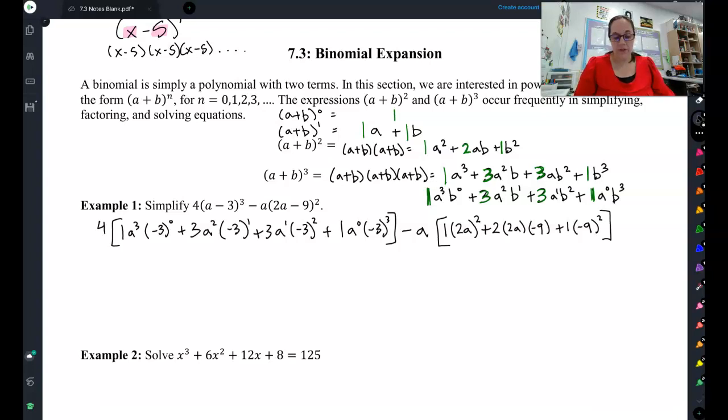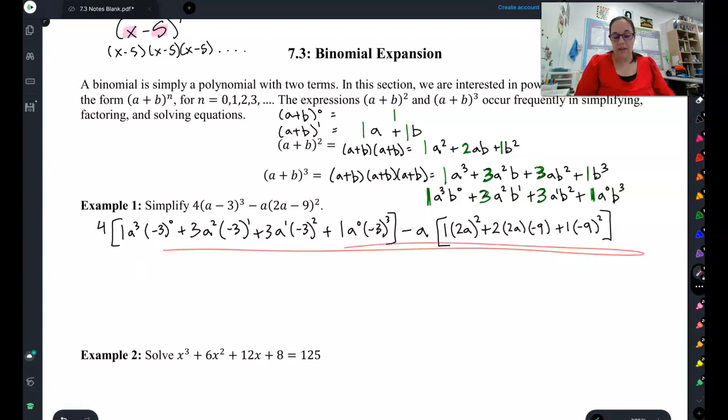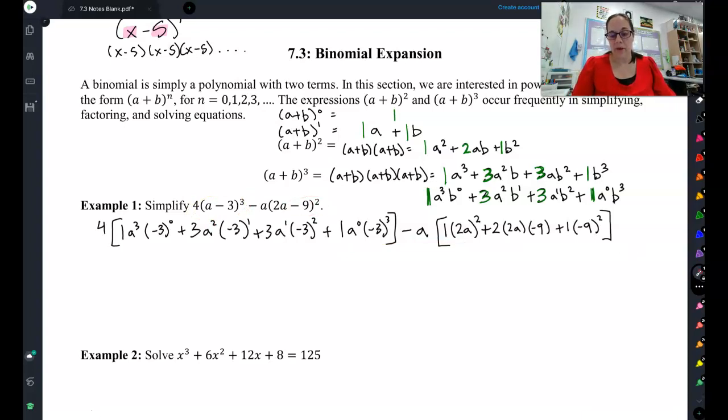And now all I have to do is simplify this. Now you can see that noticing these patterns is already way faster than multiplying this out 3 times and 2 times again, and you're way less likely to make those little negative mistakes that we all hate. So if I go to simplify this, this is to the 0 power, so that's just 1. So a cubed.